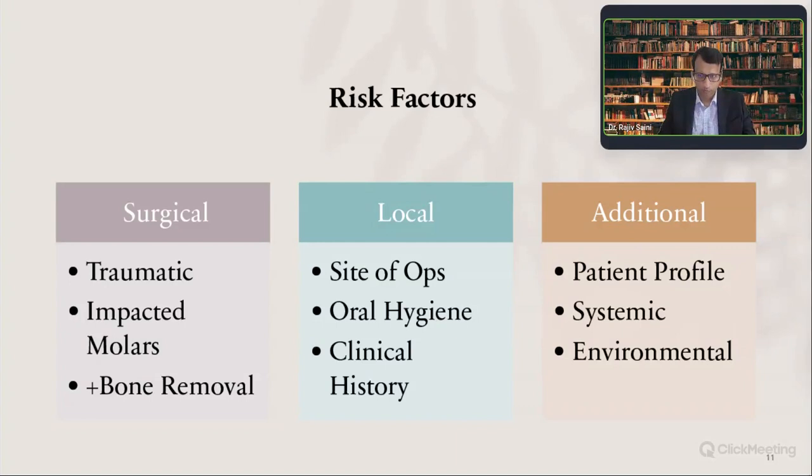It will generate much more trauma as well as heat during the extraction. Systemic factors like diabetes or immunocompromised situations can also delay healing. And of course, mandibular molars are the most common site for dry socket. A good preoperative risk assessment helps us prevent most cases before they even occur.